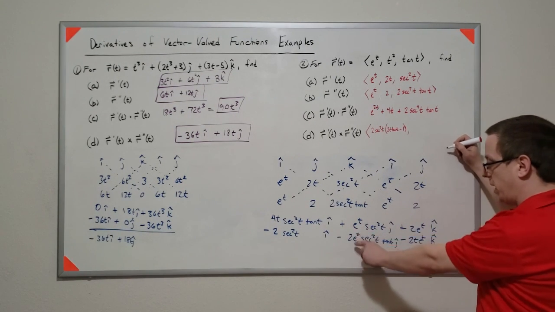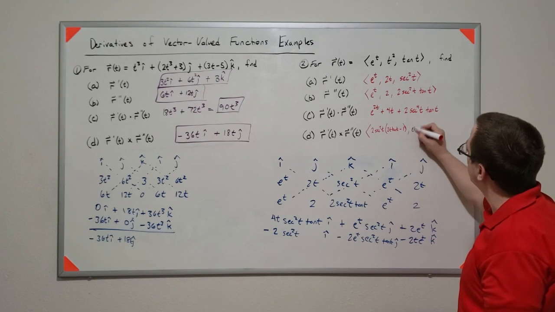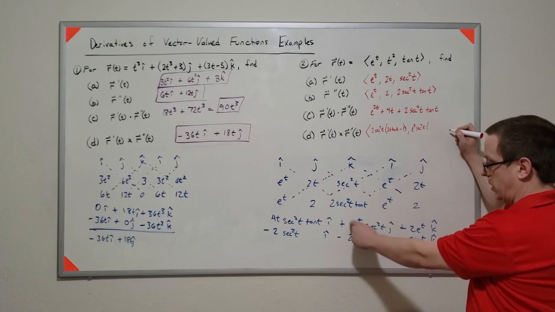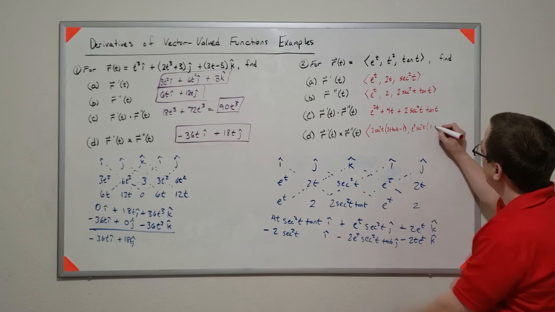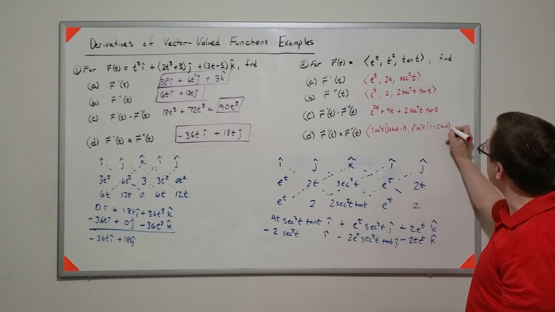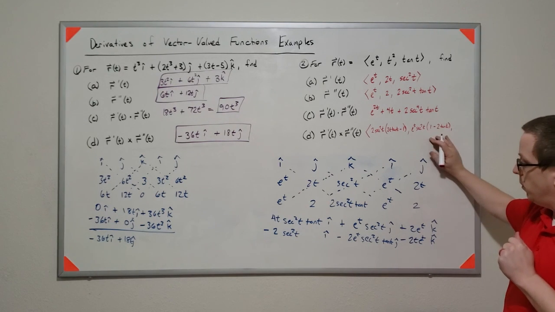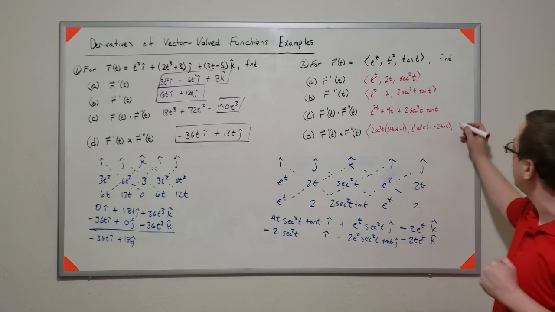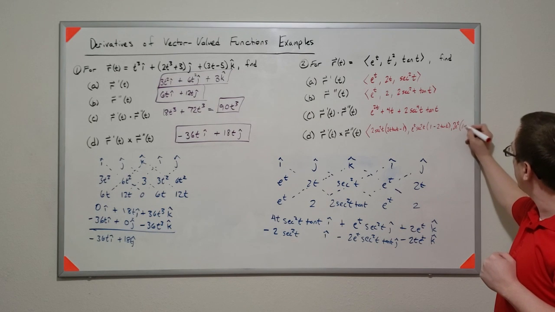The second one, we have an e to the t secant squared t in common. And so then we have a 1 minus 2 tangent t. And then we have 2 e to the t in common here, times (1 minus t).